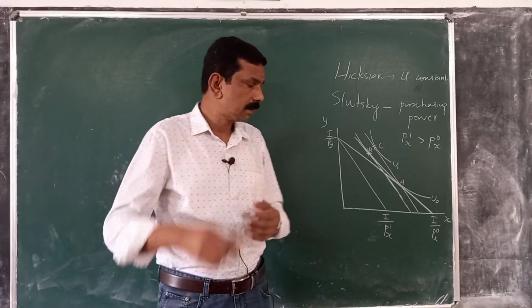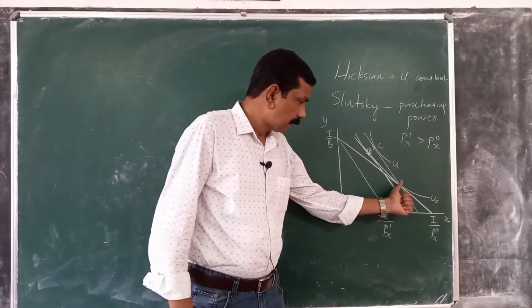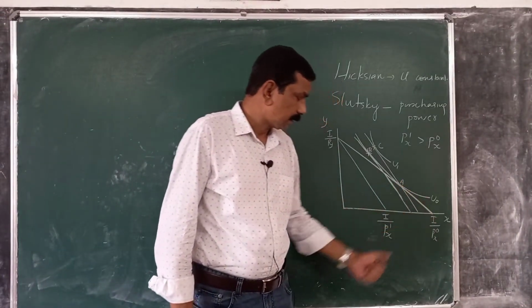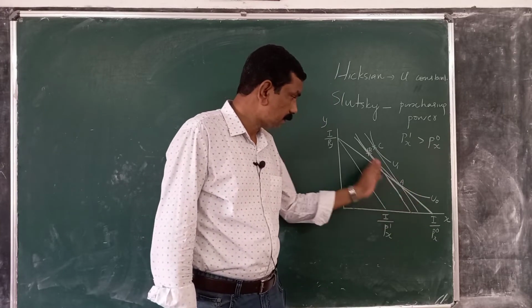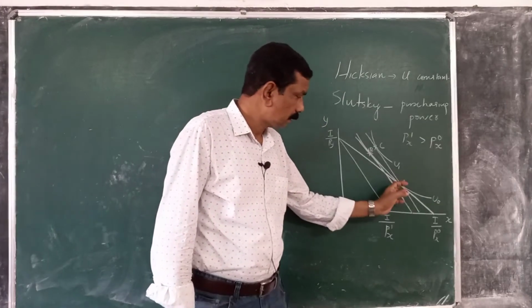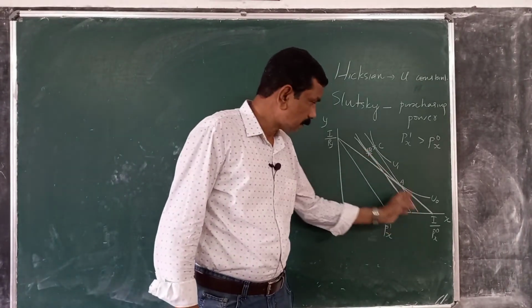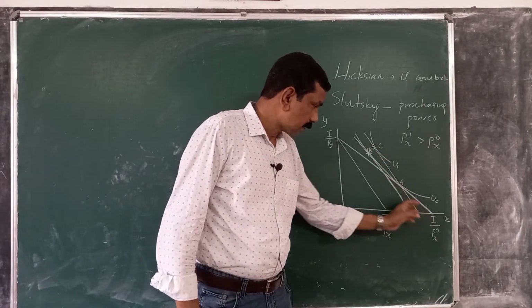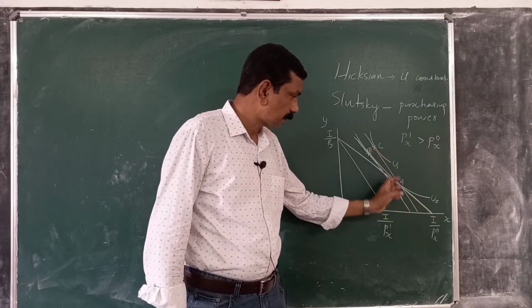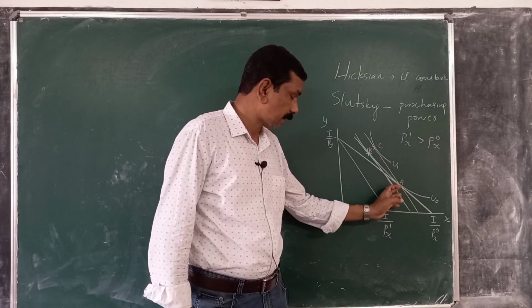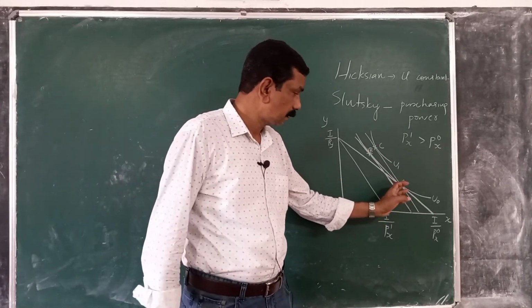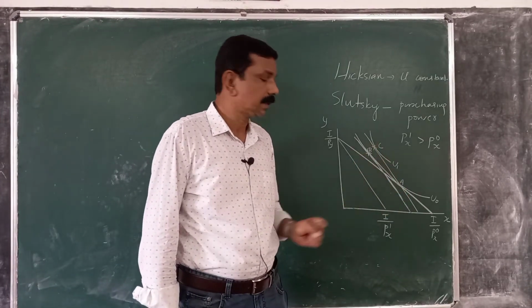What happens is, as the price of x increases, y is substituted for x, A to B in the Hicksian case. Here also, y is substituted for x. The movement is from A to C.